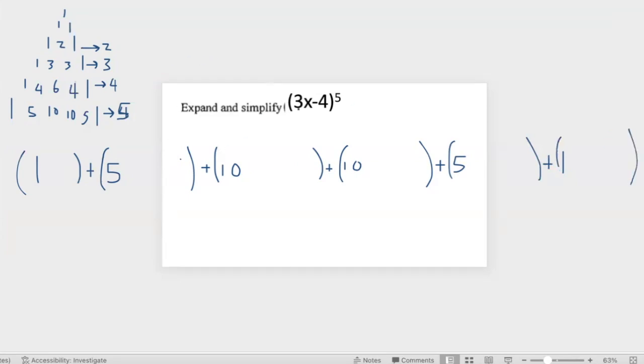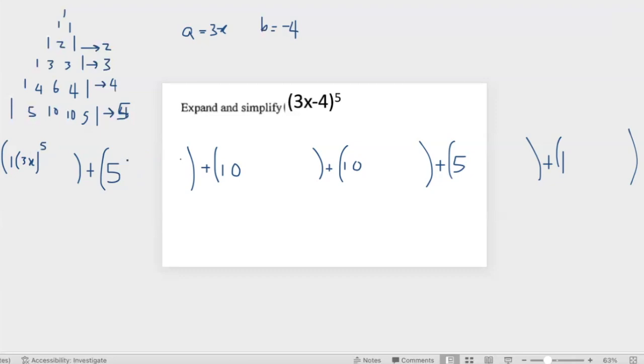Now, A is still the first term, so we have A, which is 3x, and B is negative 4. So for the first term, we are going to start at 5, and then we decrease. So we have 3x raised to the 5th.